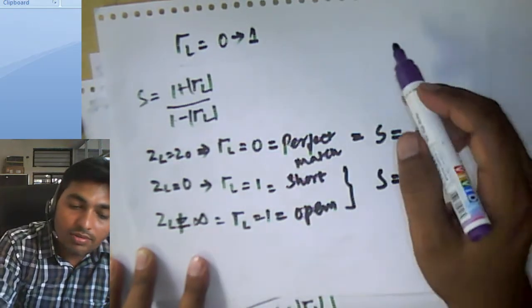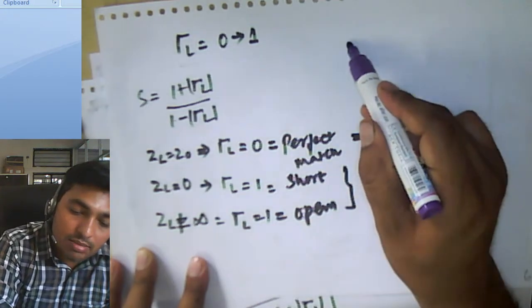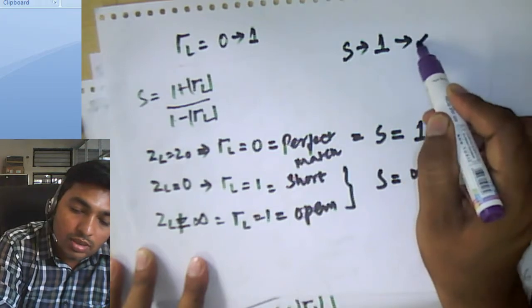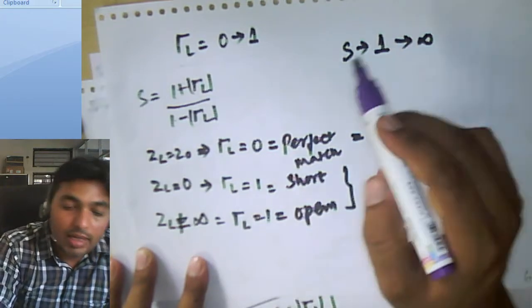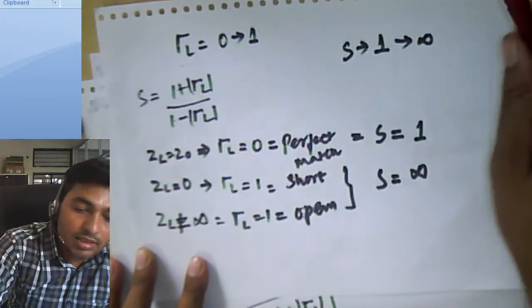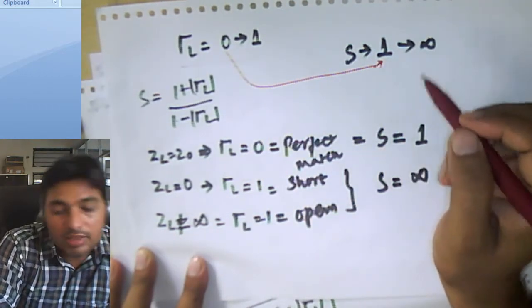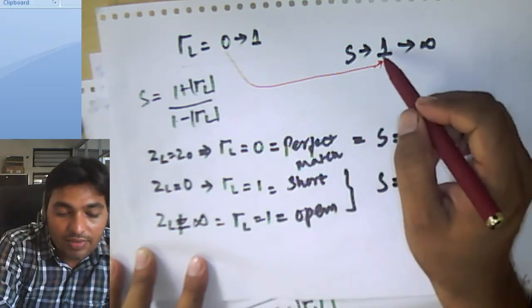So VSWR is always from 1 to infinity, where 1 corresponds to reflection coefficient 0, which means perfect match.